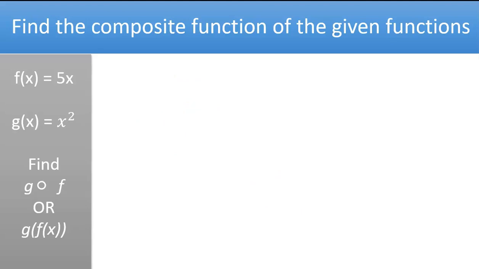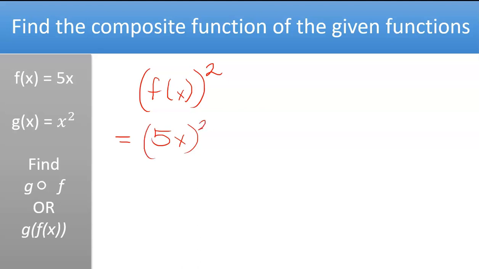Okay, here we have the same functions, except this time they have asked us to find g of f. So I will begin with the g function, which is x squared. So they want us to take the f function and throw it in there and square it. What was the f function? 5x.